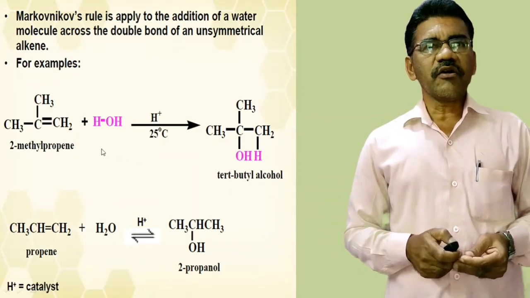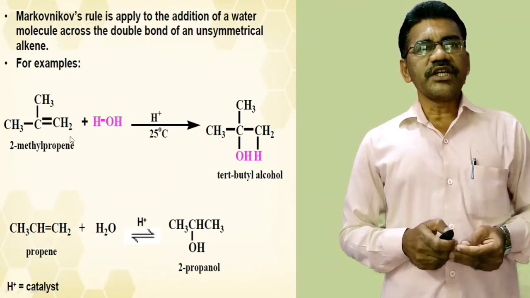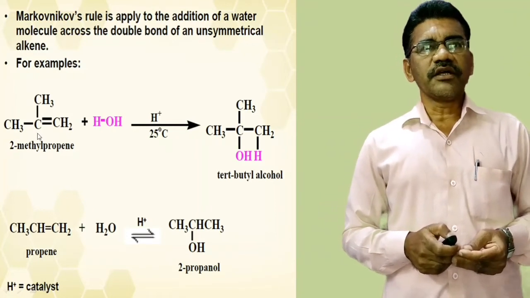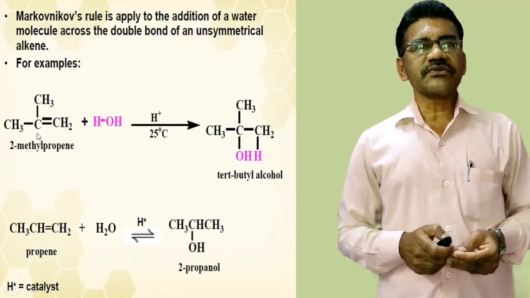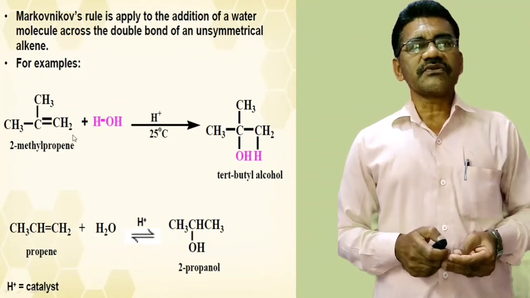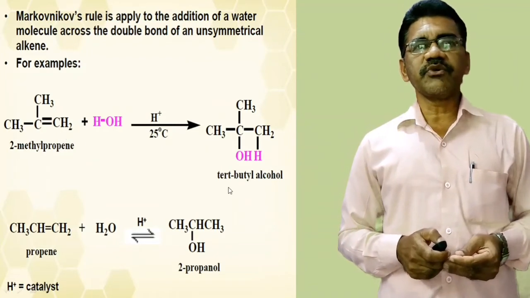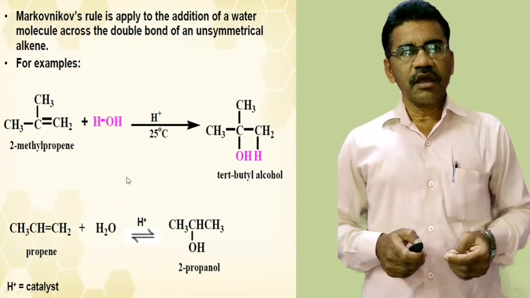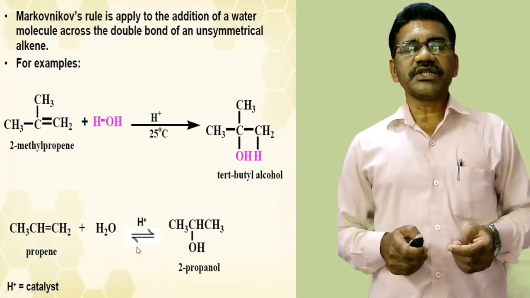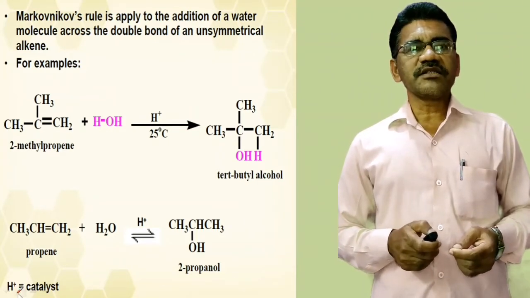The negative part of the addendum is attached to that carbon which has the lesser number of hydrogen atoms, and therefore here OH minus is attached to the more substituted carbon atom and hydrogen is attached to the less substituted carbon atom, and so we get tertiary butyl alcohol. Next example, propene reacts with water in presence of acid to form 2-propanol.